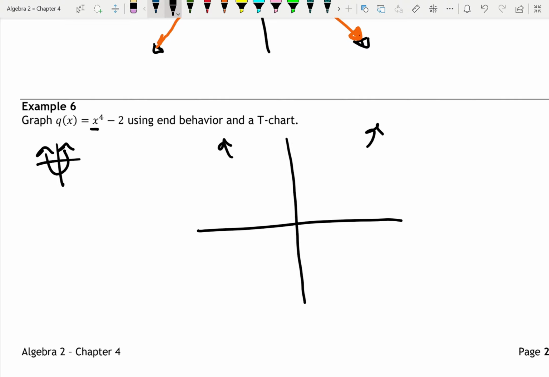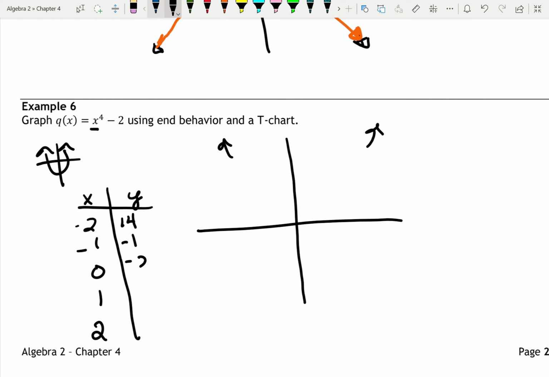And then we probably need some points to plug in. So the points that I plugged in, this is actually from last year's notes that I'm looking at. I used -2, -1, 0, 1, and 2. And I plugged those into my function, and I got 14, -1, -2, -1, and then positive 14 again.